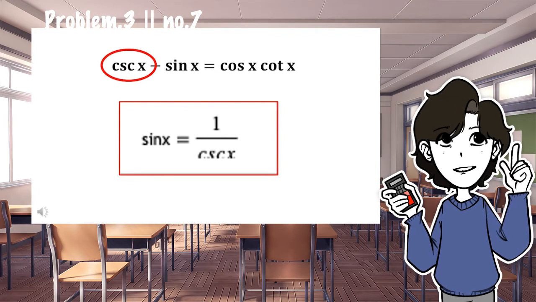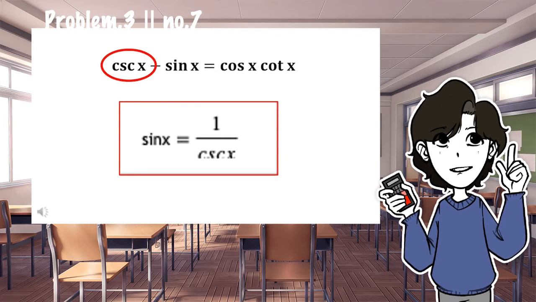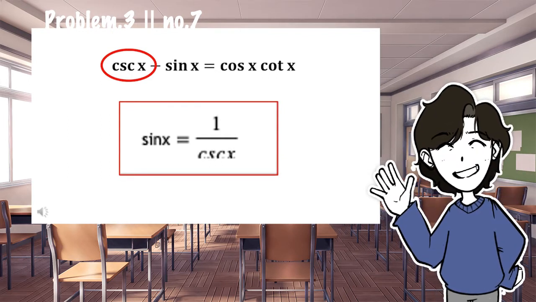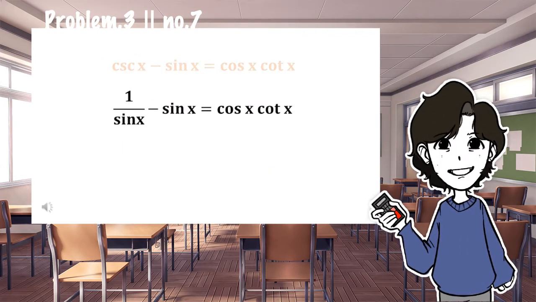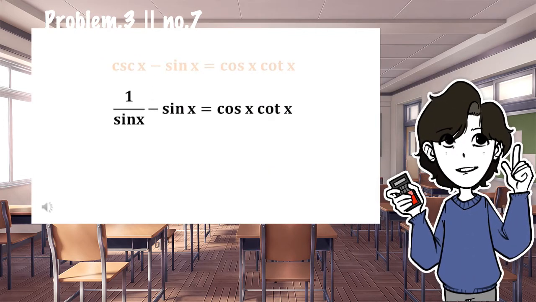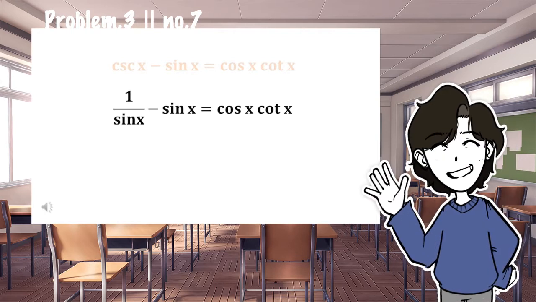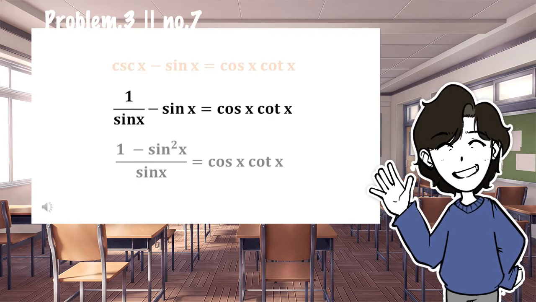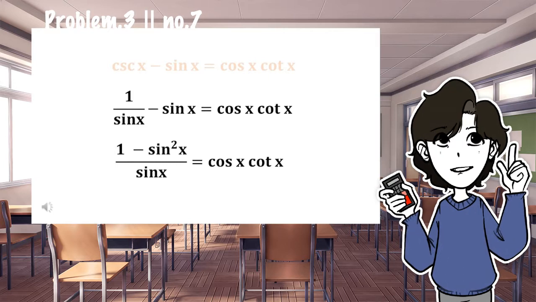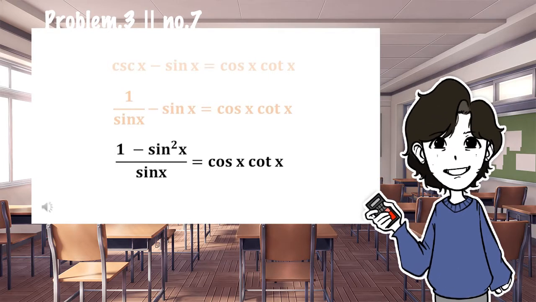So it will be expanded into 1 over sine x minus sine x. After you've expanded the equation, you'll be multiplying 1 over sine x by sine x, which will give you 1 minus sine squared x over sine x.